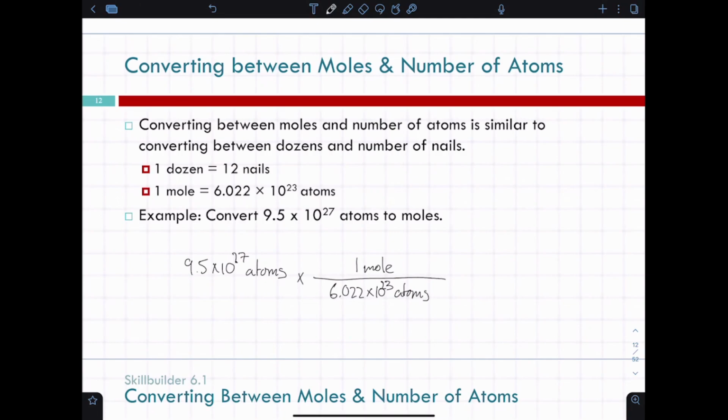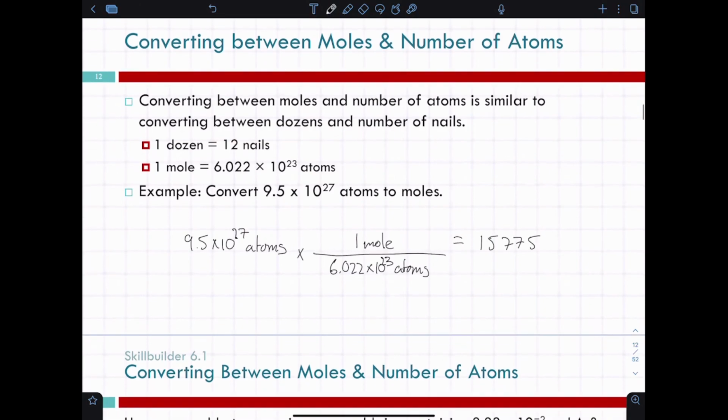So 9.5 times 10 to the 27 divided by 6.022 e to the 23. That gives me 15775.